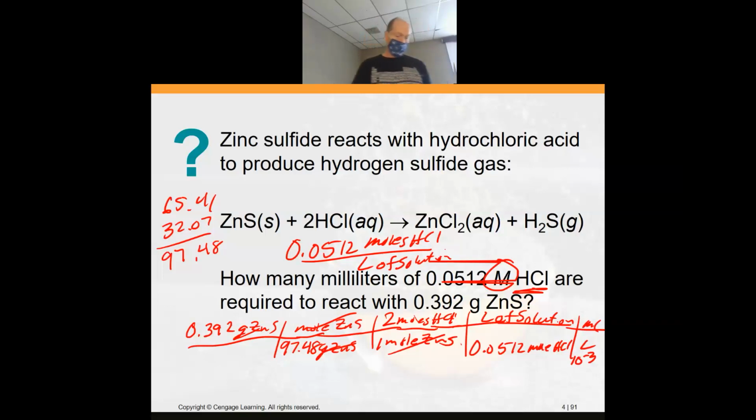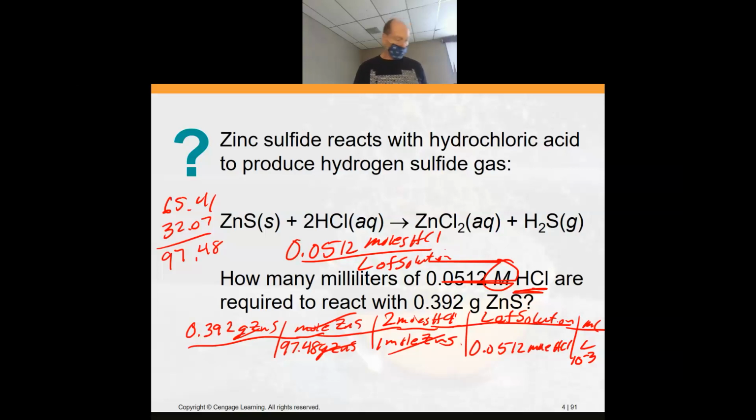So when you push your buttons on your calculator, you got your 0.392 divided by 97.48 times 2 divided by 0.0512 and then divided by 1 times 10 to the minus 3.